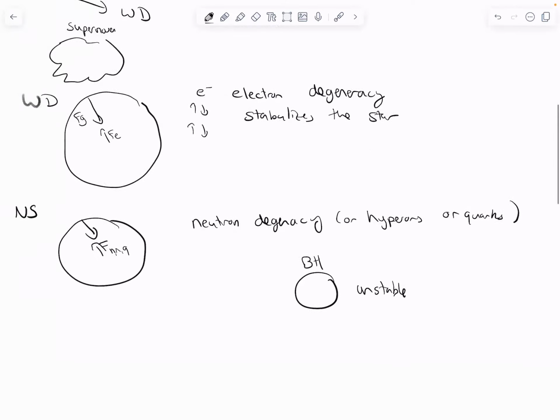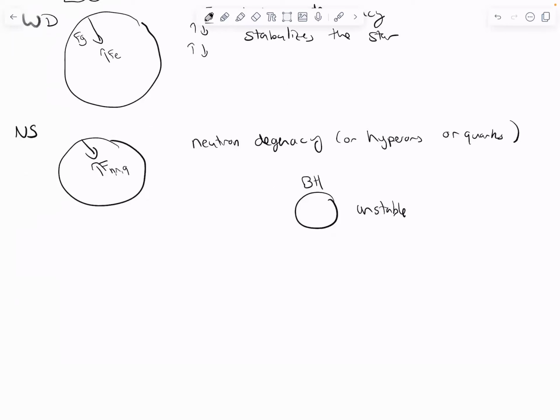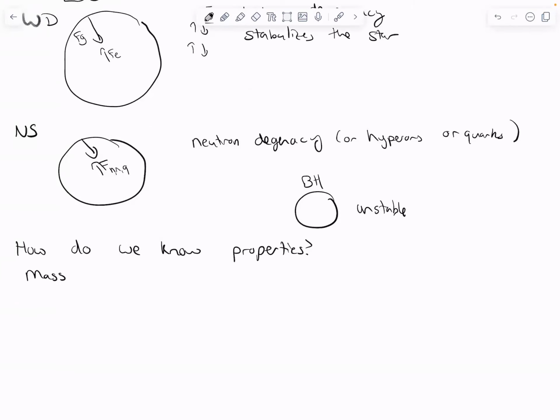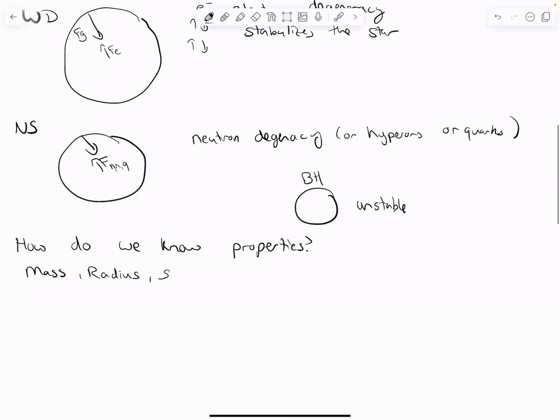All right, so how do we actually know the properties of the star? The things we'd like to know are the mass of the star, its radius, and the other thing we'd like to know is essentially how squishy the star is. This squishiness of the star is defined by something called the tidal deformability, and we'll get to later on how we actually define that.